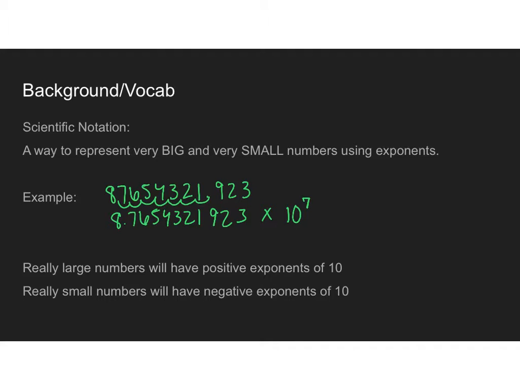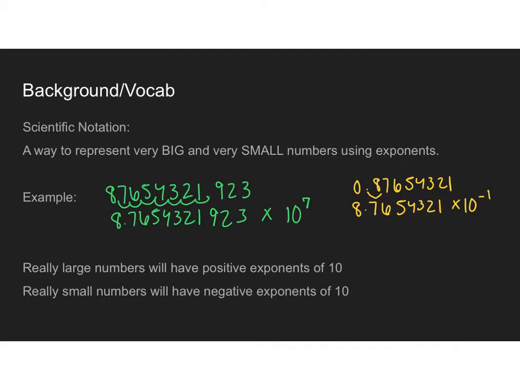We can also do this with very small numbers. For example, 0.87654321 is the same as 8.7654321 times 10 to the, well, I move this back one space, negative first power.